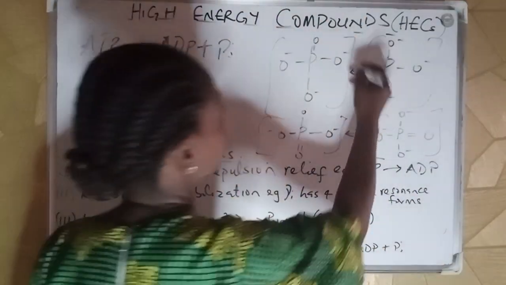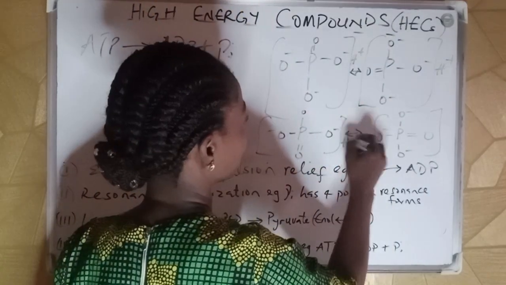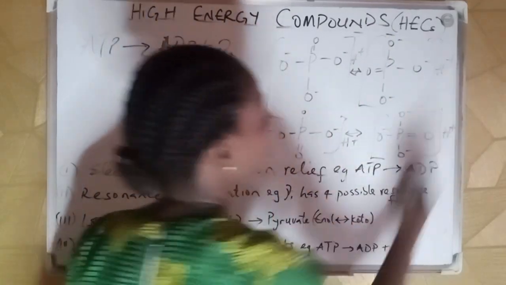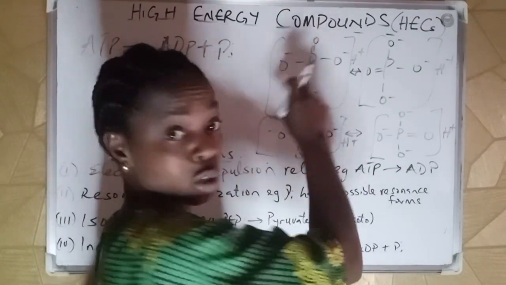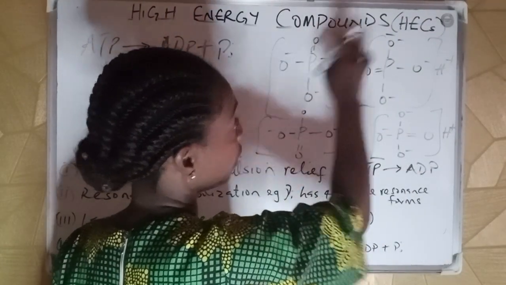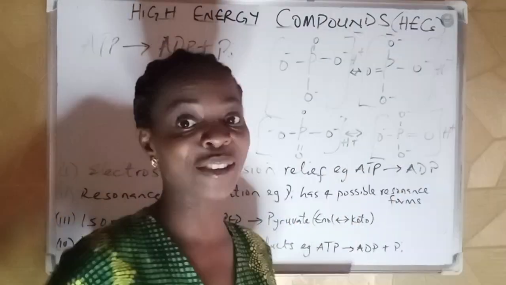Now phosphate has a hydrogen, and the hydrogen is outside. You can see the difference between these forms is just in the position of the double bond. Here, the double bond is up here, here it is by the left, here it is at the bottom, and here it is by the right.